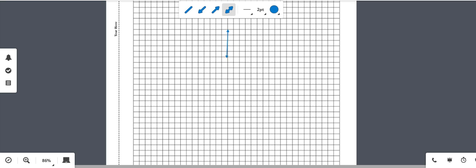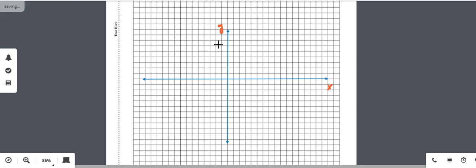Just imagine this is our y-axis and this is the x-axis.